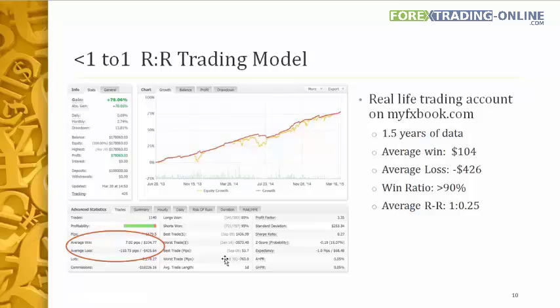So for example, if he shorts the euro and then the euro starts to go up, then he may wait a few days or a few weeks to see if the euro will go back down to his original level. And so he applies a fundamental strategy to his day trading strategy.